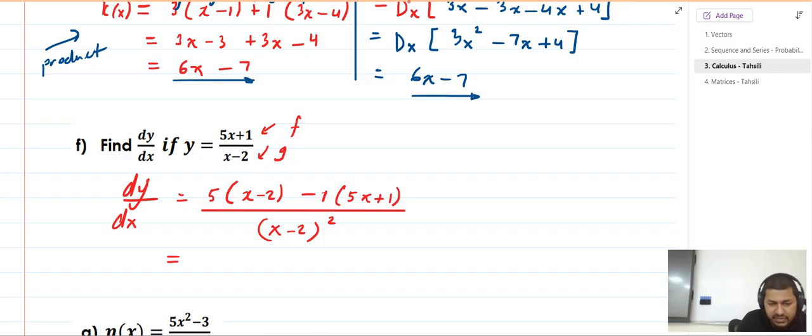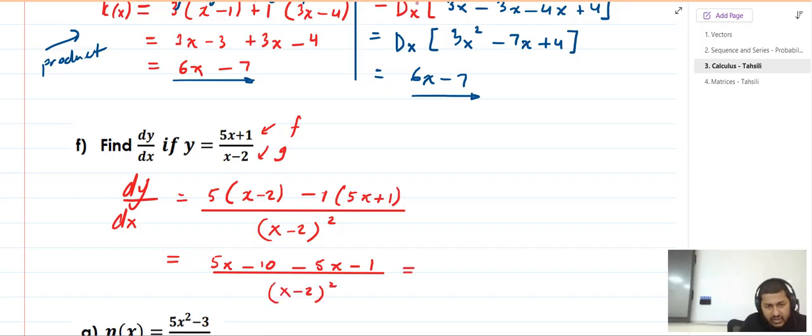Now if I simplify the top, remember 5 times x is 5x, minus 5x is 0. So remember I've got 5x minus 10 minus 5x minus 1, all over x minus 2 squared.